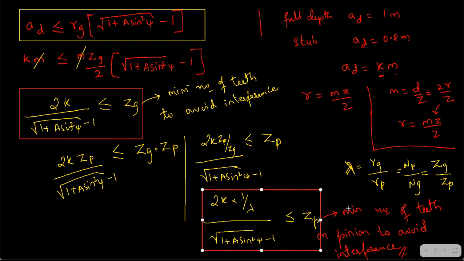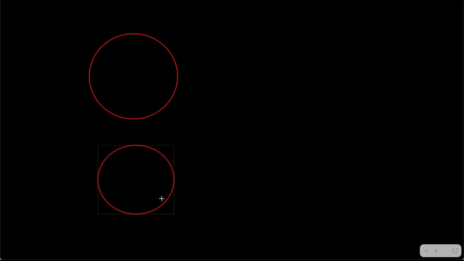What is happening? As you increase the number of teeth, whenever you have a gear and pinion, initially this was the teeth size on gear as well as pinion. Now, increasing the number of teeth means you have to reduce the size of individual teeth.